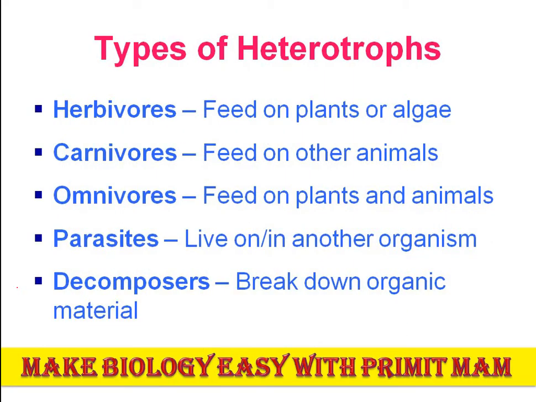Now, let us see how the consumers are classified. There are different types of heterotrophs like herbivores, carnivores, omnivores, parasites and decomposers. If we talk of herbivores, herbivores are the animals which directly eat the plants.